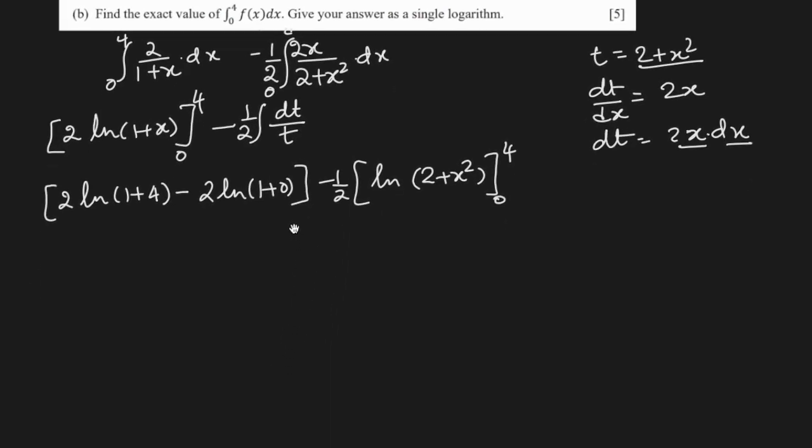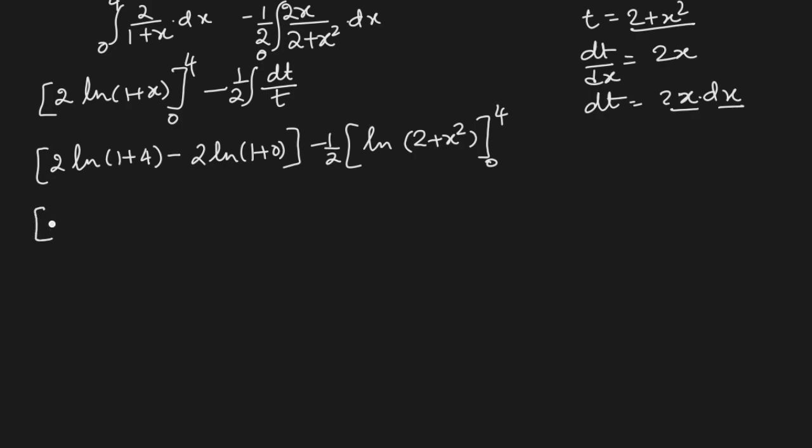So let's evaluate the first one first. 2 ln 5 minus 2 ln 1, this is ln 1, right? ln 1 is 0, so this is 0. That's it. Minus half.